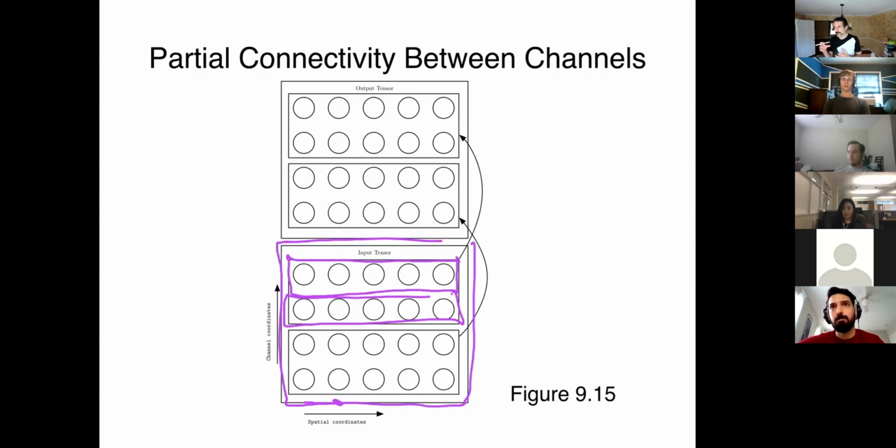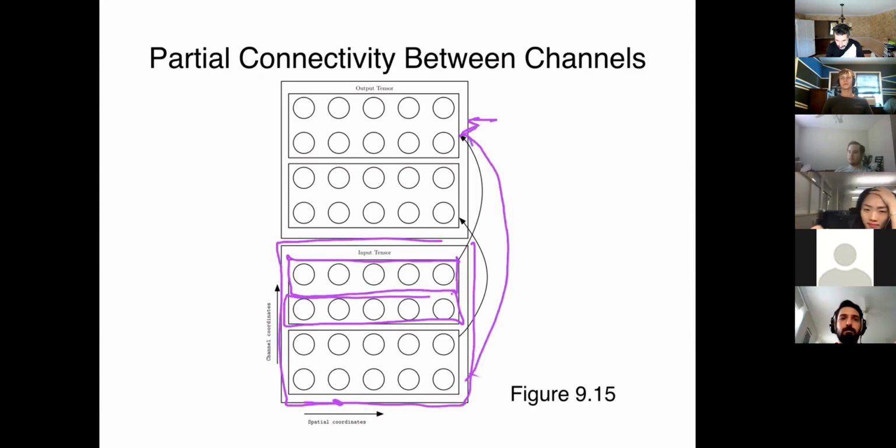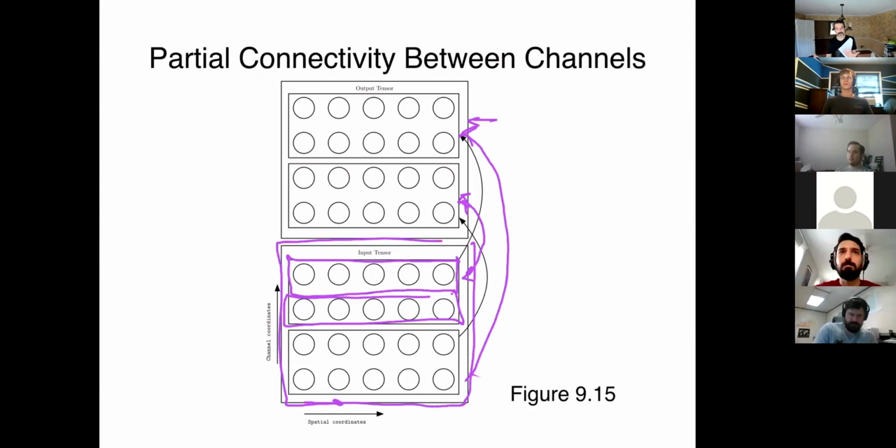Previously, we discussed that these kernels, you move to all of these. So basically, each output channel was connected to all of these inputs, right? So that was the previous. This one is also connected to this one previously for producing the output. But now you can have an alternative way where you have partial connectivity between different channels.